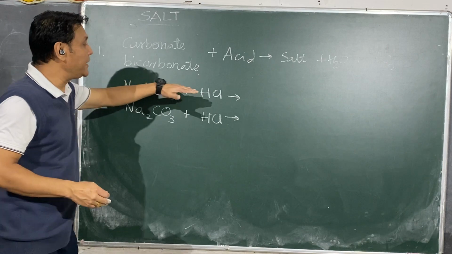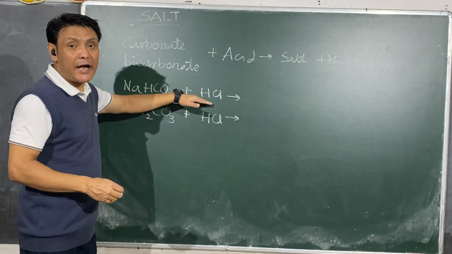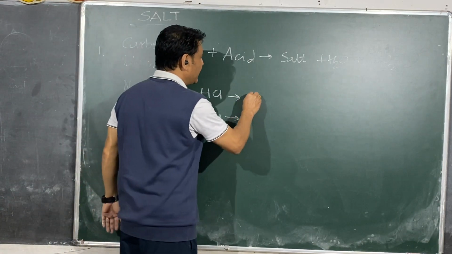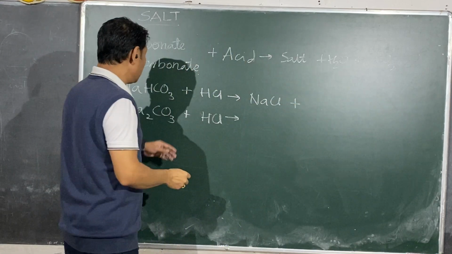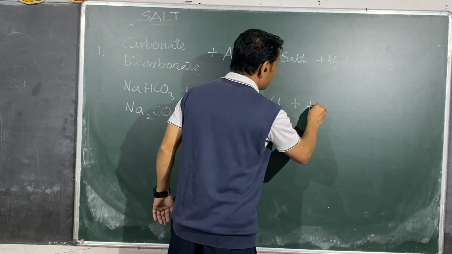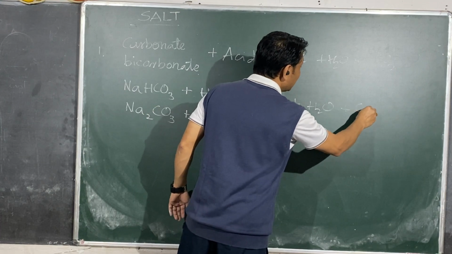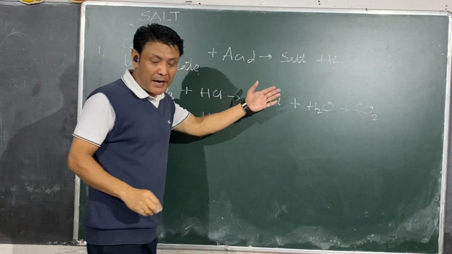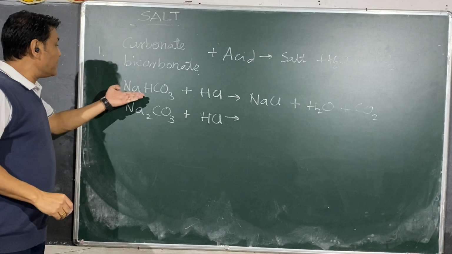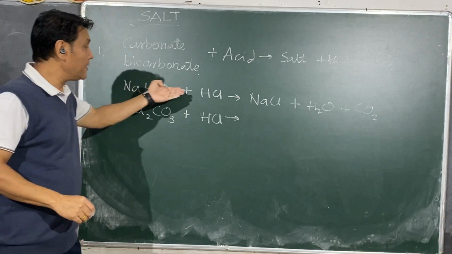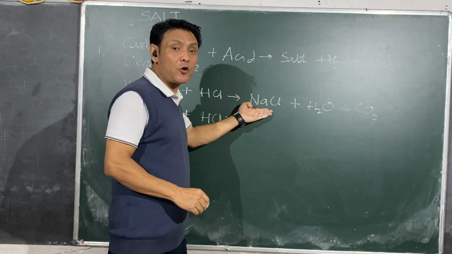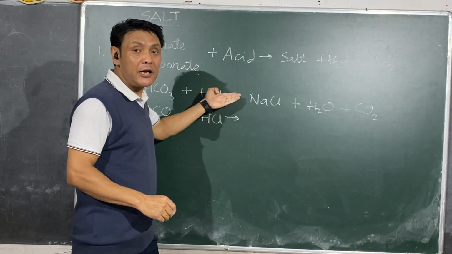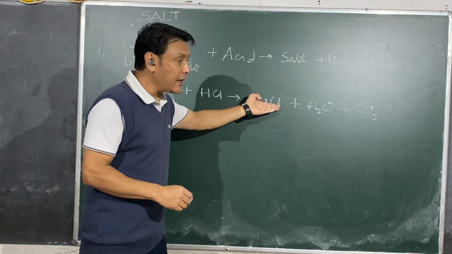So sodium will take the place of hydrogen and form NaCl plus water, H2O, and carbon dioxide. It's not a balanced equation. Sodium bicarbonate and hydrochloric acid will give you a salt, that is sodium chloride. Since it is hydrochloric acid, it will always produce a salt called chloride.